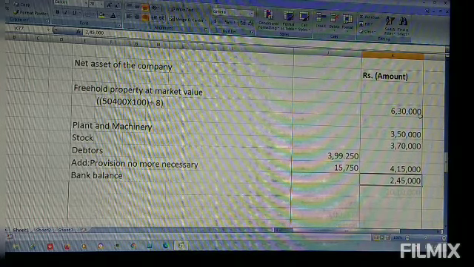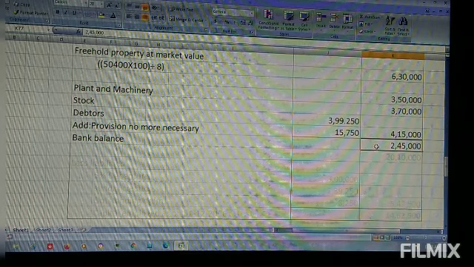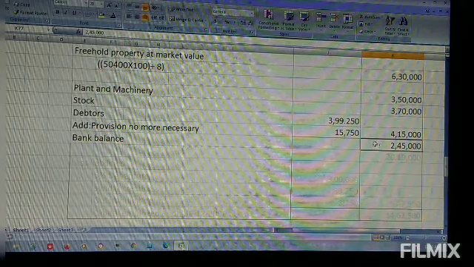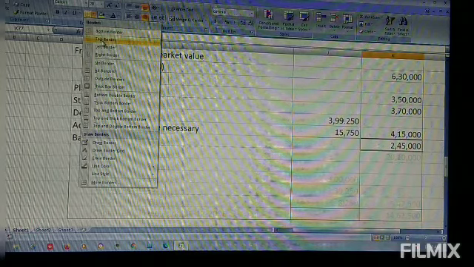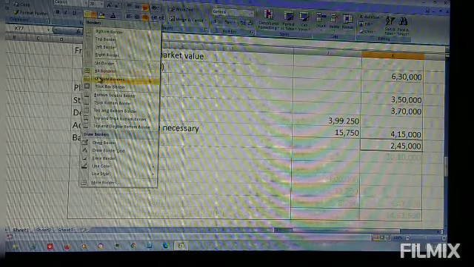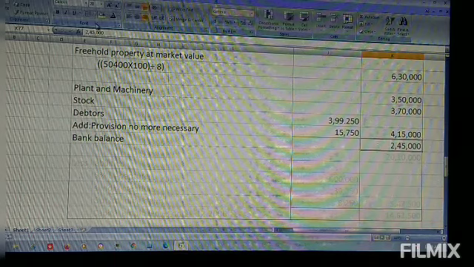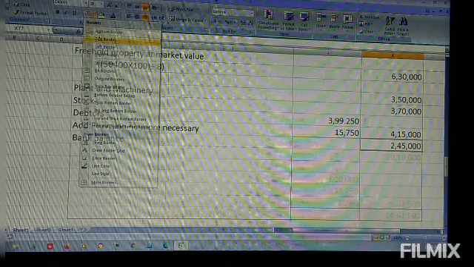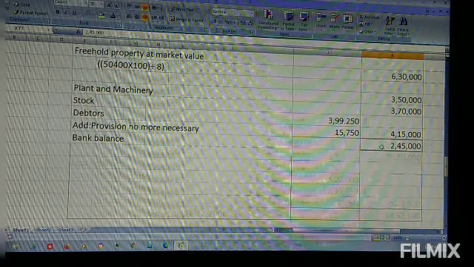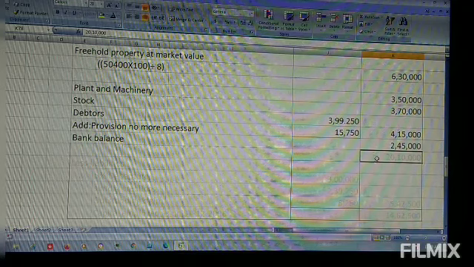We'll add all these: 6,30,000 plus 3,50,000 plus 3,70,000 plus 4,15,000 plus 2,45,000.